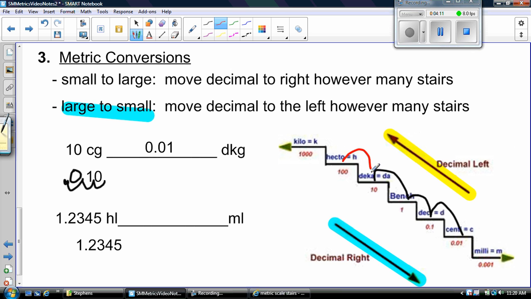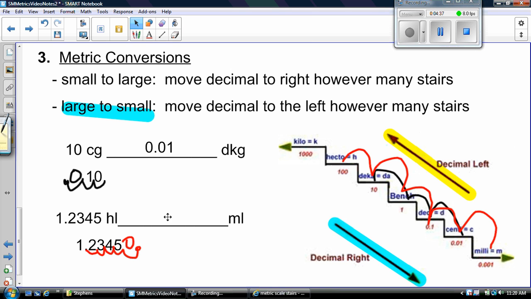I'm going to go 1, 2, 3, 4, 5. So I go down 5 stairs. So I'm going to move my decimal to the right 5 places. 1, 2, 3, 4, 5, put my decimal, add a 0. So my answer is 123,450 milliliters. So that's how you do conversions from small to large and large to small.